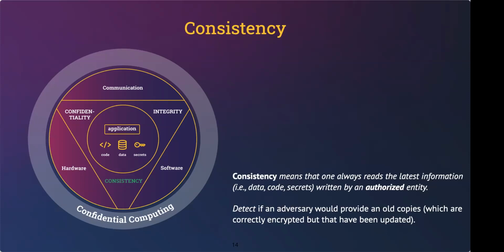And consistency is a slightly ambiguous term, let's put it this way. Consistency means that we always read the latest information, so the latest data, code, and secrets, but that was written by an authorized entity. That means nobody can give me old data that doesn't reflect all the updates that we have seen, or old code that has known vulnerabilities.